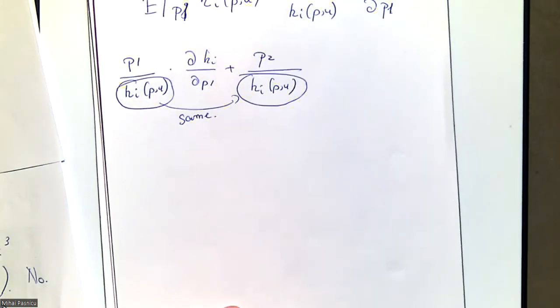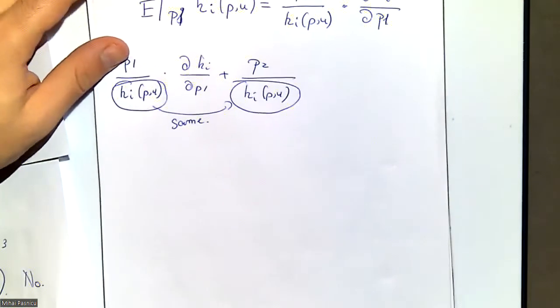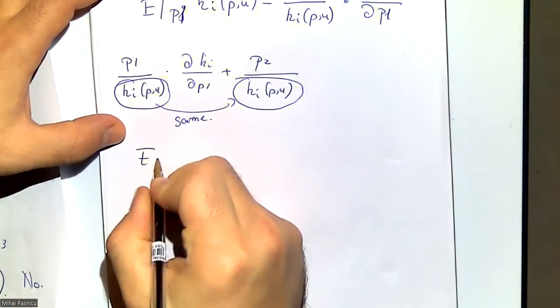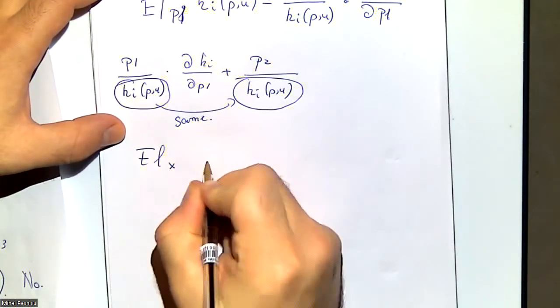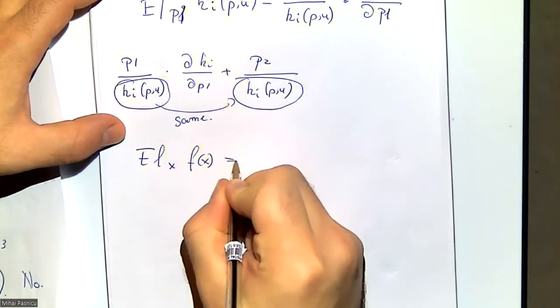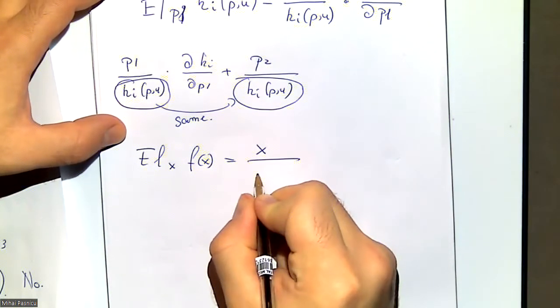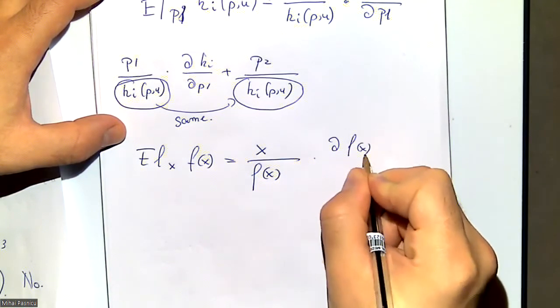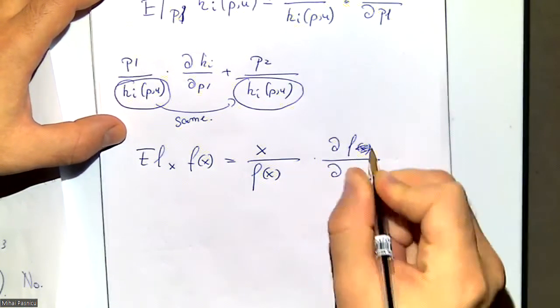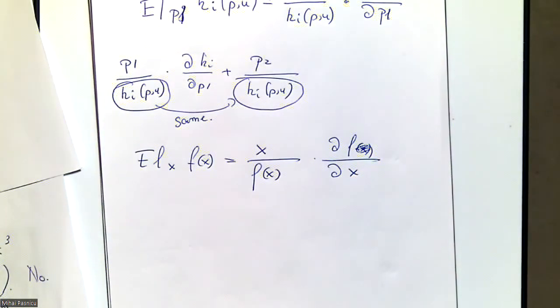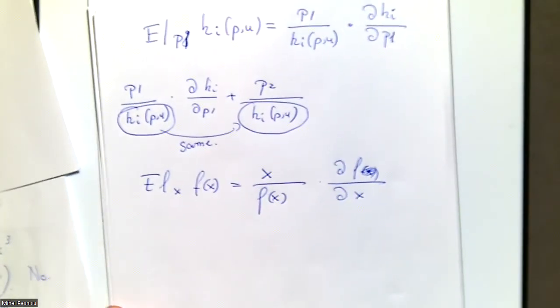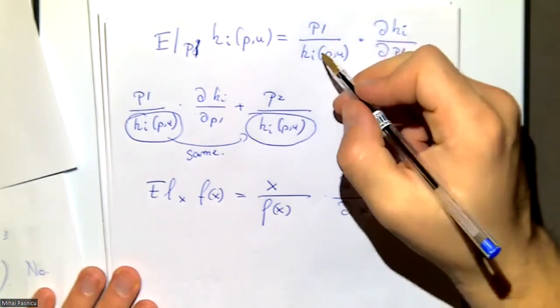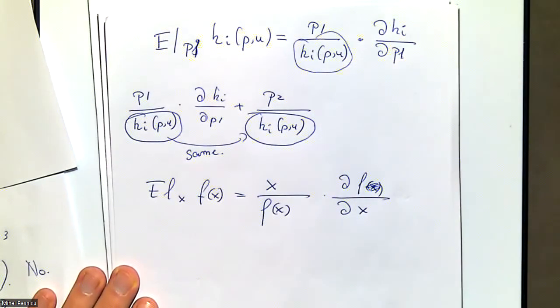All right, what's the formula of elasticity? The elasticity of f of x with respect to x is equal to x over f of x times the derivative of f with respect to x. Basically the whole idea is that this h_i is the same for all of them.